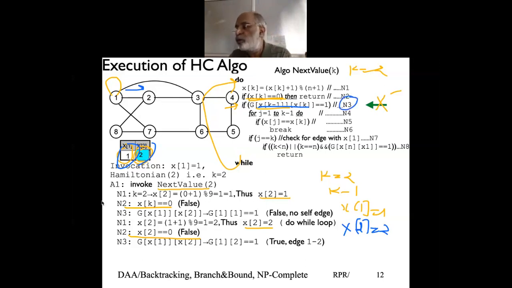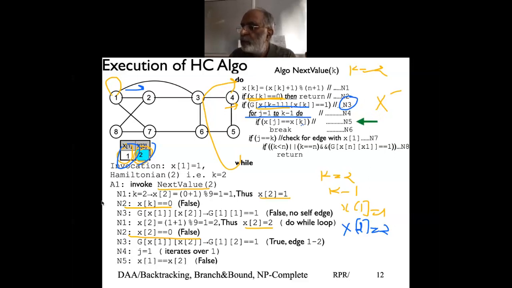Now we want to make sure that the vertex we visited is not in the previously visited list. So look at all previously visited vertices. Is that visited vertex equal to 2? j is 1, x1 is 1, and x1 is not equal to x2, so we go to the next value. Now j goes from 1 to k minus 1, and k is 2, so we take it only one time.